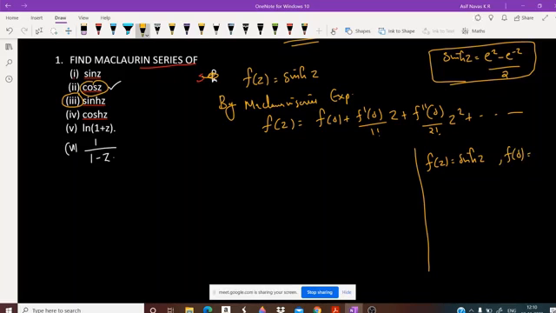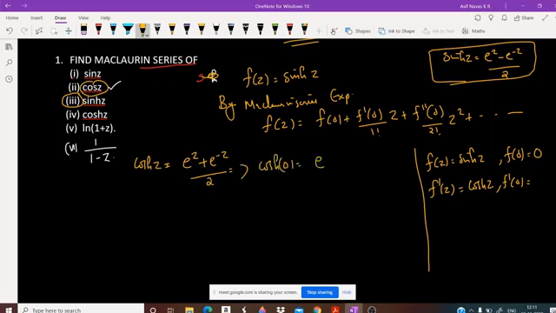Then what is f of 0? This is e raised to 0 minus e raised to 0 divided by 2, which is 0. Then f dash of z, the derivative of sin hz, is cos hz. Then f dash of 0 is cos h0, where cos hz is e raised to z plus e raised to minus z divided by 2. So cos h0 is e raised to 0 plus e raised to minus 0 divided by 2, which is 2 by 2, equal to 1.